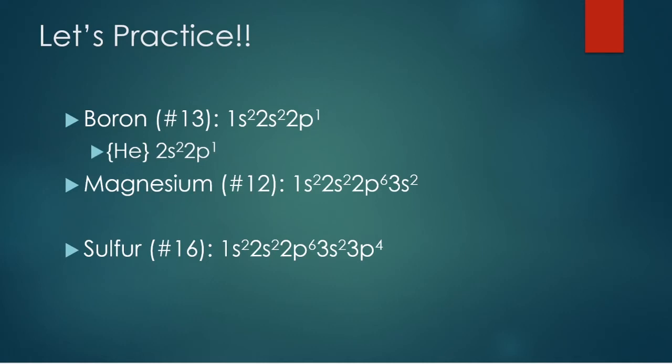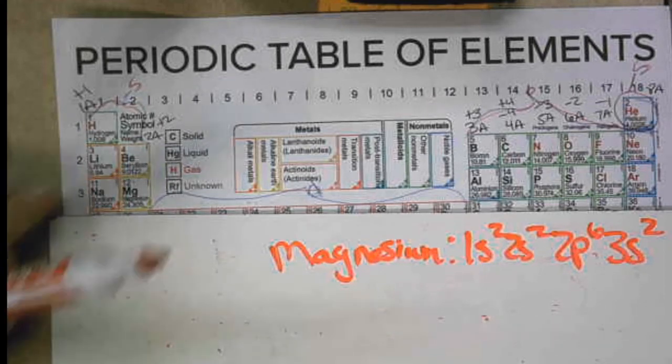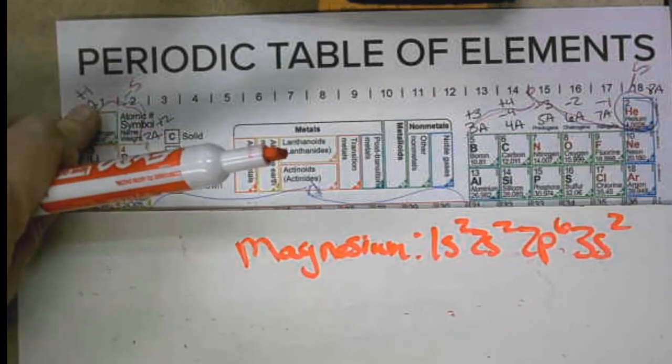All right, so now we are looking at magnesium. And our electron configuration of magnesium when we did it earlier was 1s2, 2s2, 2p6, 3s2. So that's a lot to write. So we always love here in chemistry to make it shorter, less writing, okay?